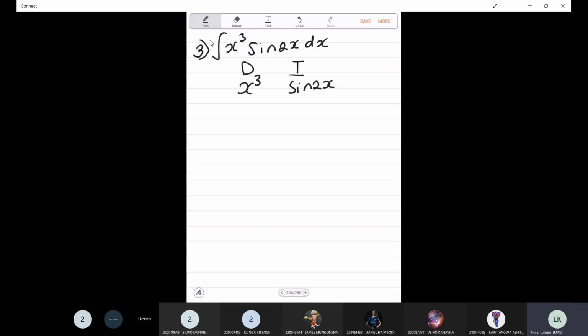So differentiate, we get 3x squared. Integrate, we have minus cos 2x over 2, or just minus a half cos 2x. Differentiate again, so this is plus, minus, then plus, this is 6x. Then the integral of minus a half cos 2x is minus 1 over 4 sine 2x.